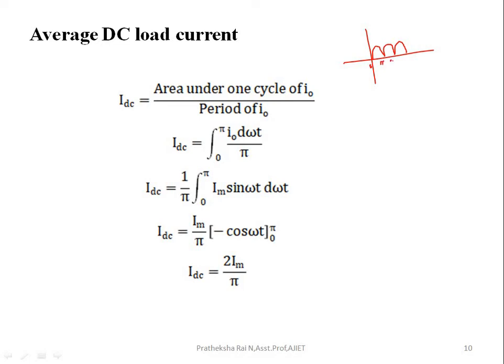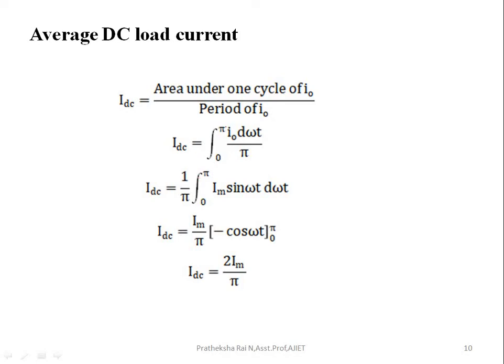So we can write the period as 0 to pi. So IDC equals integration from 0 to pi of I0 d omega t divided by pi, taking 1 by pi outside.